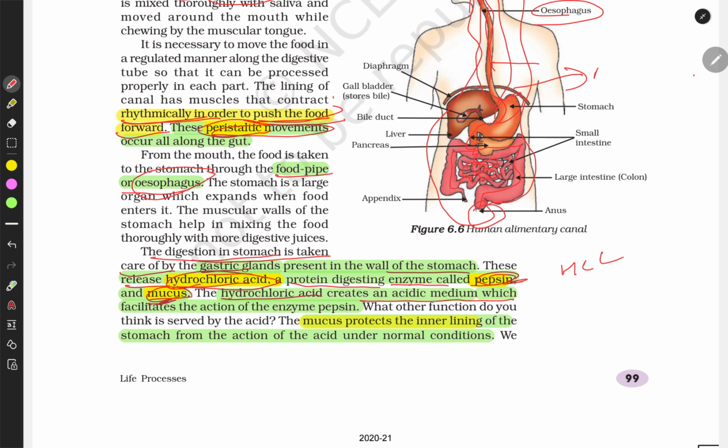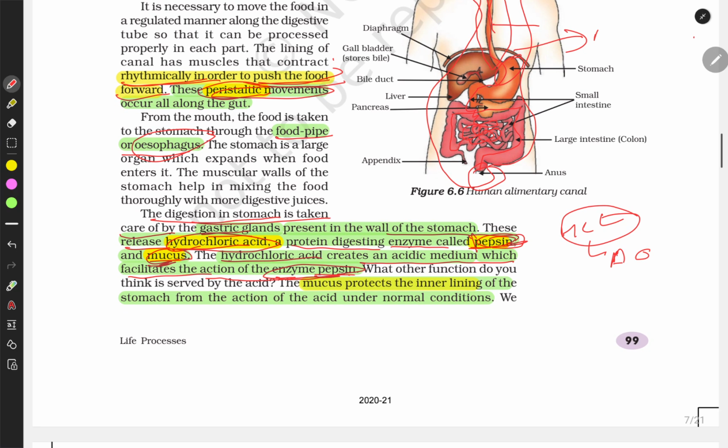What does hydrochloric acid do? HCl creates the acidic medium which facilitates the action of the enzyme pepsin. So the HCl makes the food acidic so that the function of pepsin may be performed. Pepsin breaks down protein.